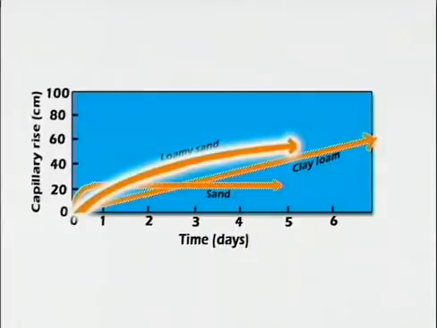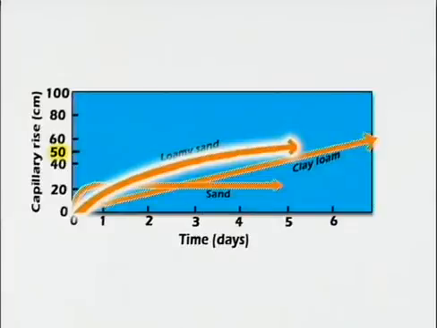it will take a longer period of time to reach its full potential. But somewhere out here around day 5 or 6, that loamy sand soil will have pulled water up as high as it can possibly go based on capillary forces alone. That might occur to a height of approximately 40 to 50 centimeters from that free water surface.